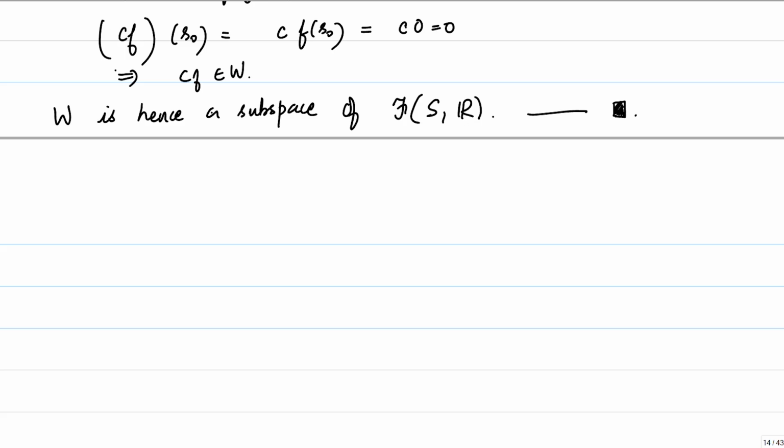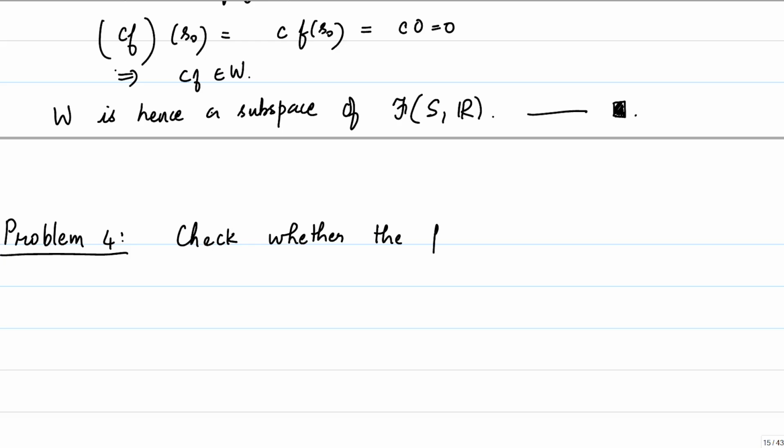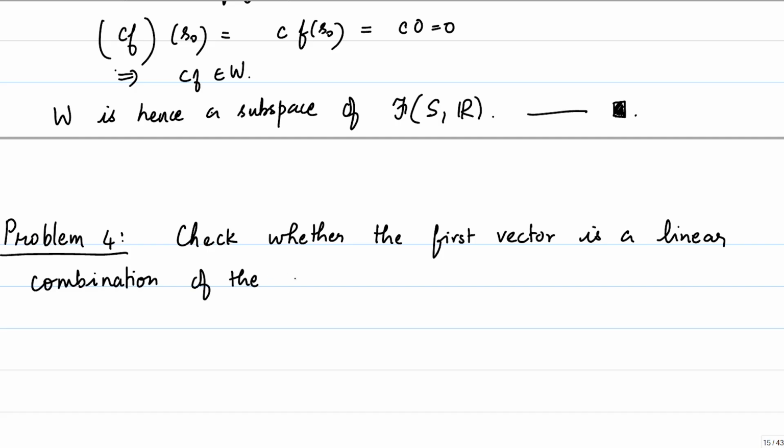Next, let's do a problem which is similar to one of the assignment problems. Problem 4 demands that we check whether the first vector can be written down as a linear combination of the other two vectors. So check whether the first vector is a linear combination of the other two vectors in the following.